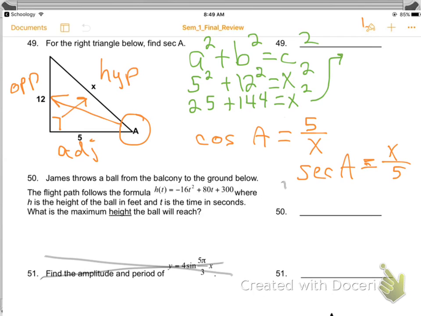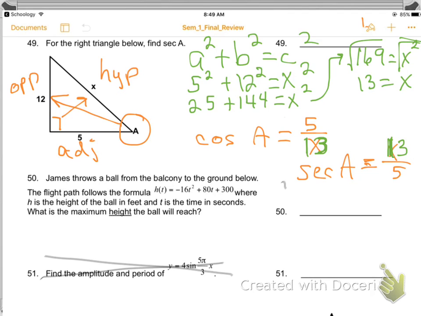That's 169 equals x squared. And you take the square root of each side to get rid of that square. And 13 equals x. So they may have x over 5, but I have a feeling they're going to replace x with 13. So the cosine would have been 5 over 13, which makes the secant 13 over 5.